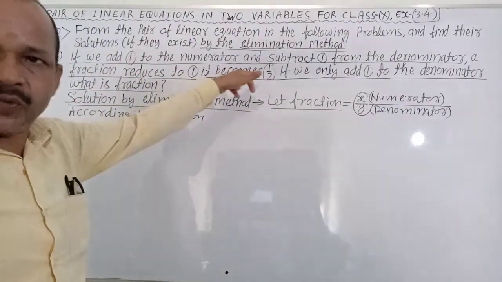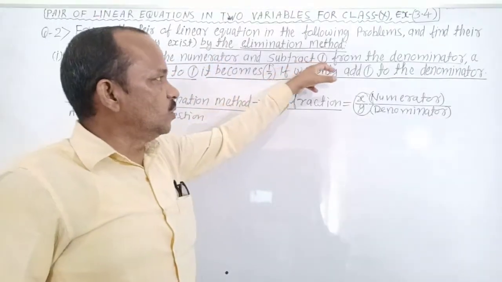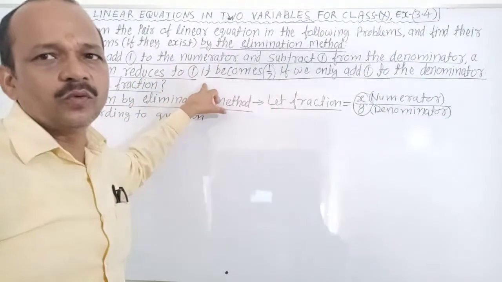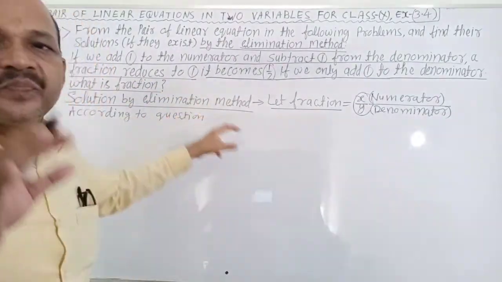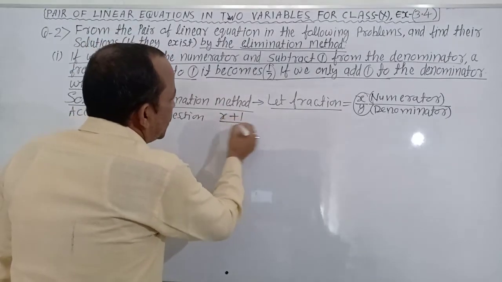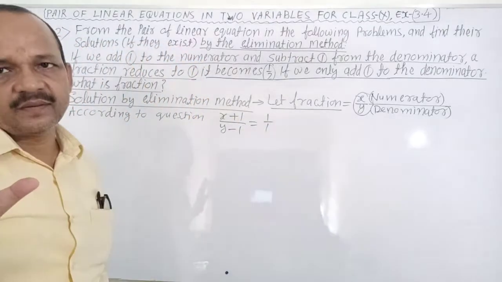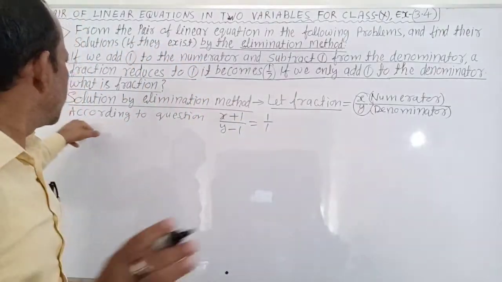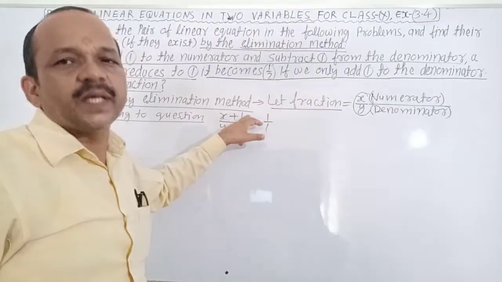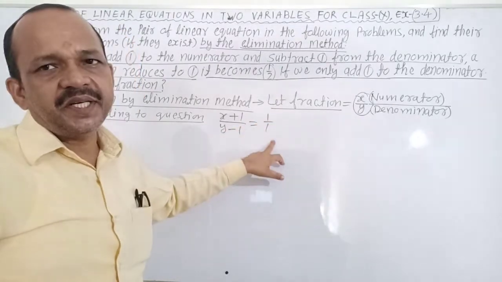according to the first situation, we add 1 to the numerator and subtract 1 from the denominator. The fraction is reduced to 1. According to the first situation, x plus 1 upon y minus 1 equal to 1 by 1.